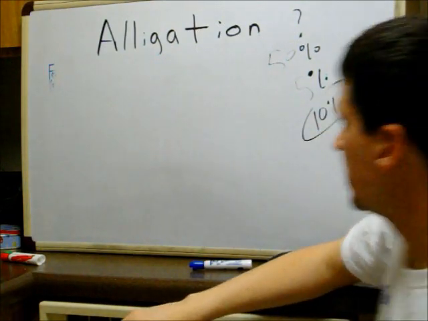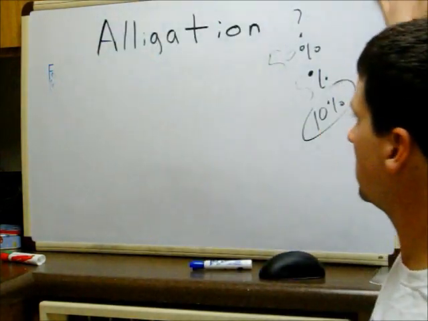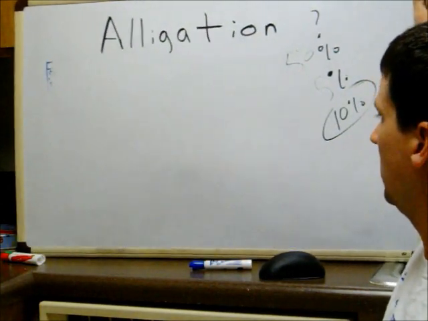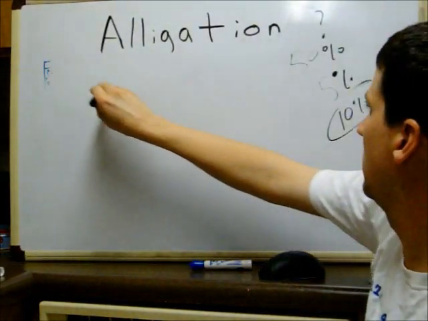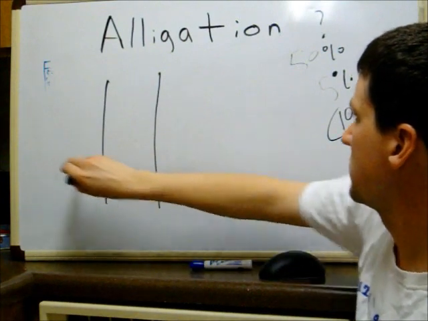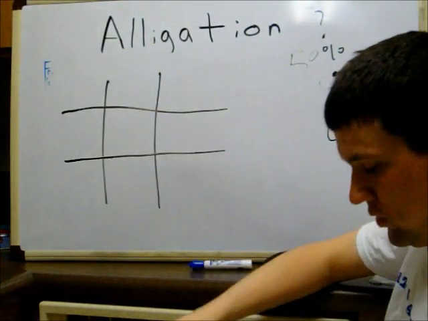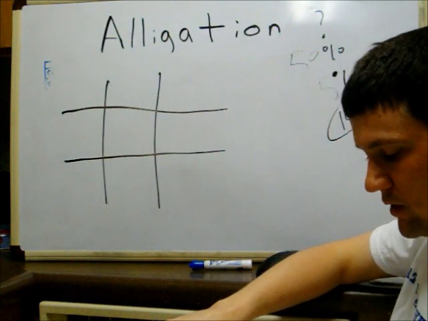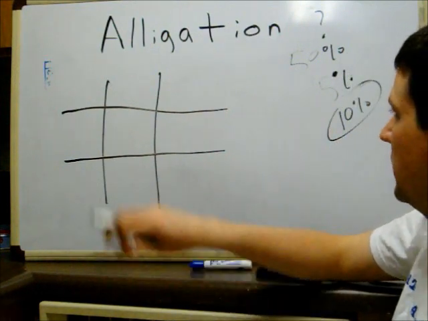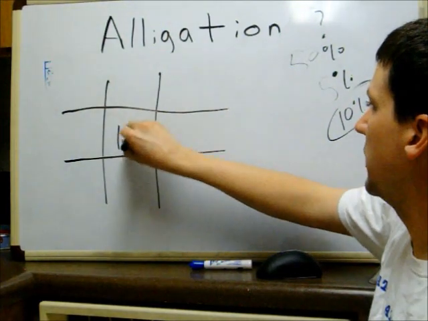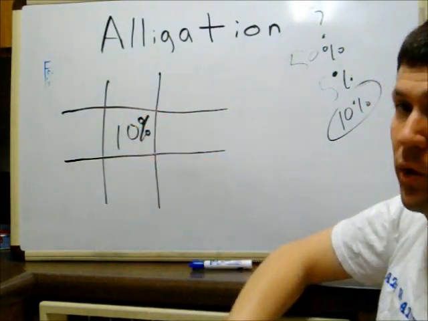Okay, so in order to set this up, we make our tic-tac-toe. Alright, so we're mixing 50% and 5% in order to get 10%. So 10%, that's what we want.